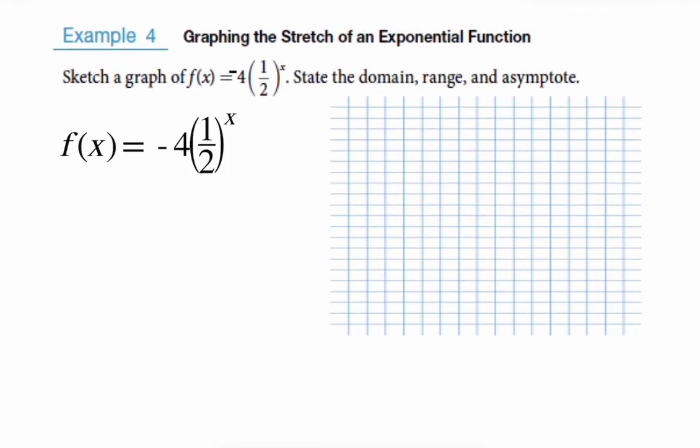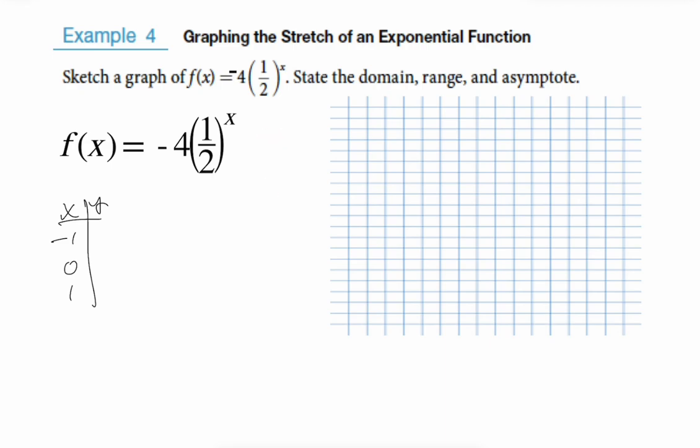Slightly different kind of transformation. What's great about this one is the fact that our x is just an x. You see that? That's just an x. So that means that plugging in -1, 0, and 1 is still a good strategy. For our horizontal asymptote, we have nothing sticking out that we have added or subtracted. This has not been shifted up or down.